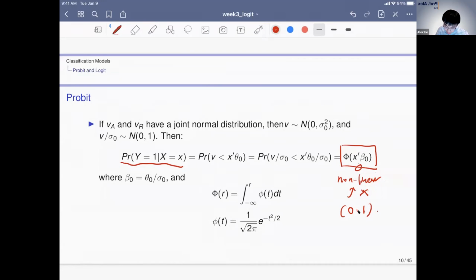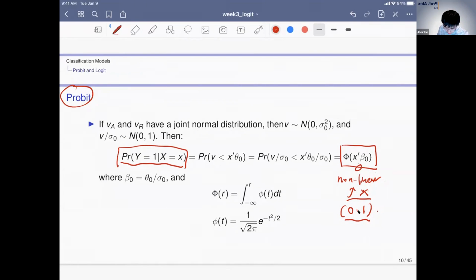When beta x goes to minus infinity, it goes to 0, and when beta x goes to positive infinity, it goes to 1. So again, we have a function that is increasing in x and takes values between 0 and 1. This is another thing you can use, called probit. It is another nonlinear function to transform the linear function into a probability.